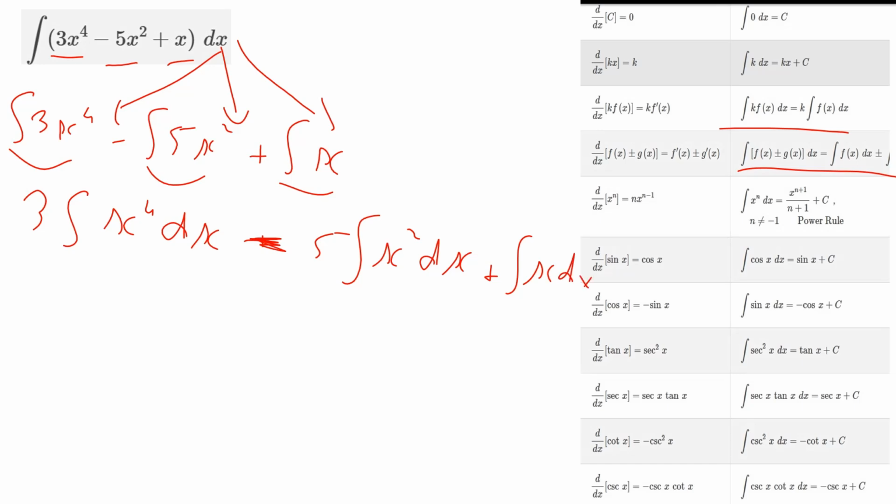Now I go back to each integral again, and then I look at this one. We have x to the fourth, which is just a power function, which is here. So what we usually do with power functions is that we need to add 1 to the exponent and divide by the same number as the exponent.